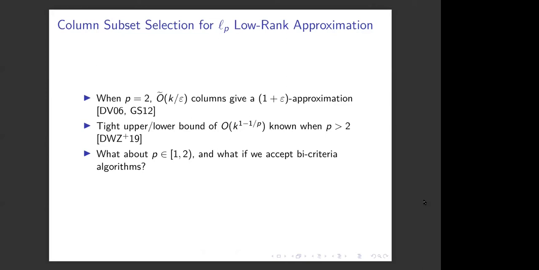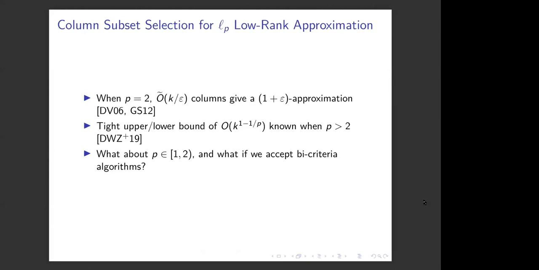When p is equal to 2, you can actually get a very good approximation. You can get a 1 plus epsilon approximation with a small number of columns, essentially k columns up to log factors. Unfortunately, when p is greater than 2, a recent paper shows that the best you can do is k to the 1 minus 1 over p.